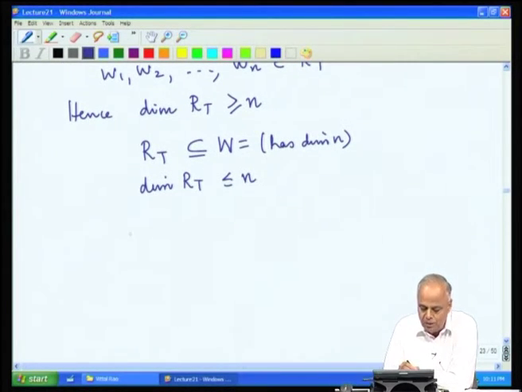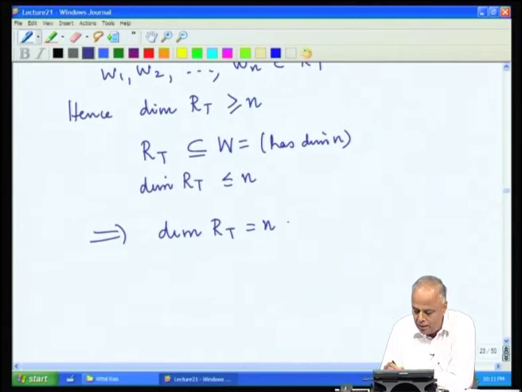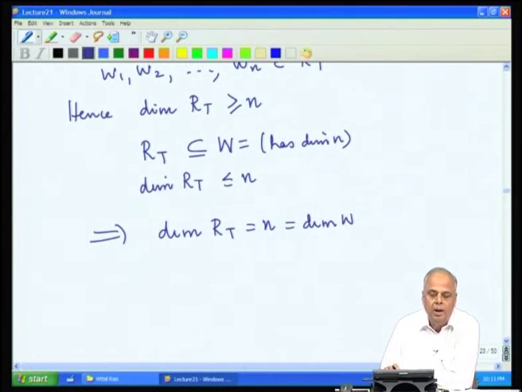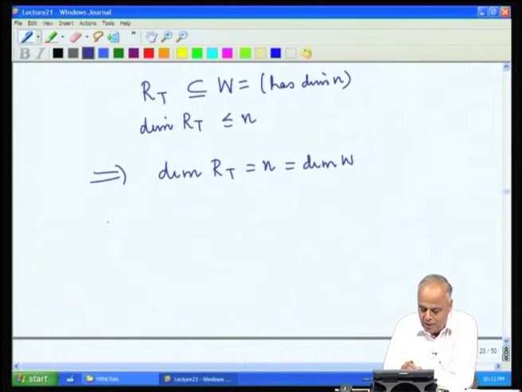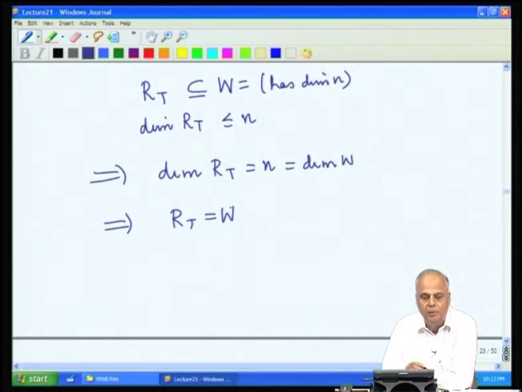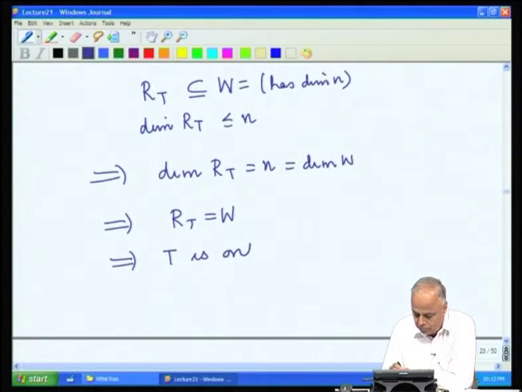So, comparing these two, we get dimension of range of T must be exactly equal to n, which is equal to the dimension of W. But if R(T) is a subspace of dimension n in an n-dimensional space, it implies range of T must be exactly equal to W, which says T is onto. Hence, T is an isomorphism.